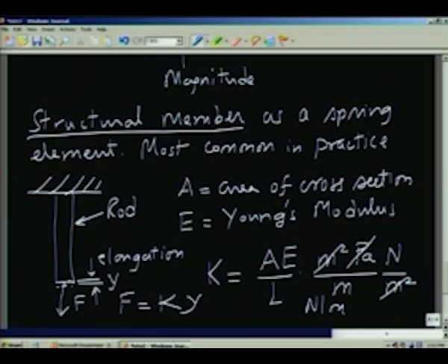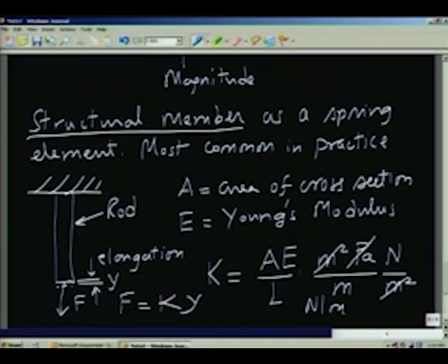So for a structural member in the form of a rod of certain length L, area of cross section A and the Young's modulus E, the spring constant can be easily worked out as AE by L, and now you can immediately see how you are going to design a simple element like this, a structural member which is in the form of a rod. So, the choice of the material, because a particular material determines the Young's modulus.